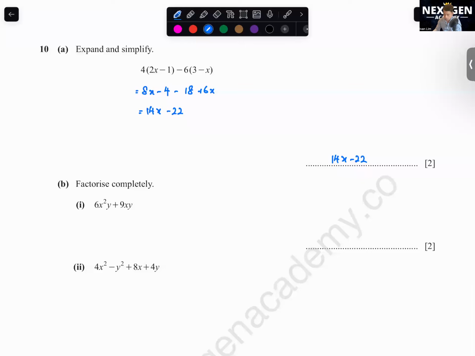Okay, next one, factorize it completely. So let's look at one term at a time. 6 and 9, 3. X squared and x, x. Y and y, y. So here we will be left with 2x plus 3. So 3xy, 2x plus 3.